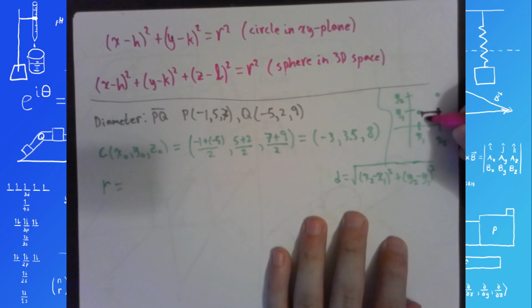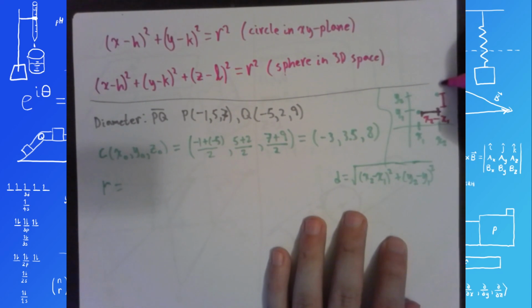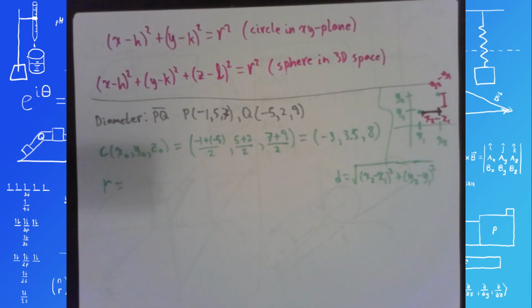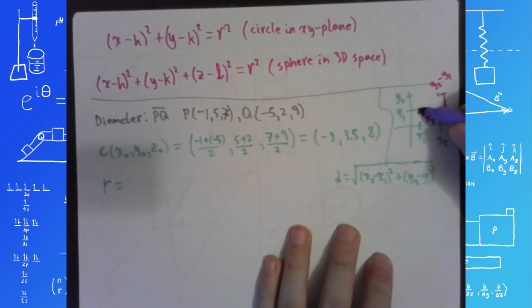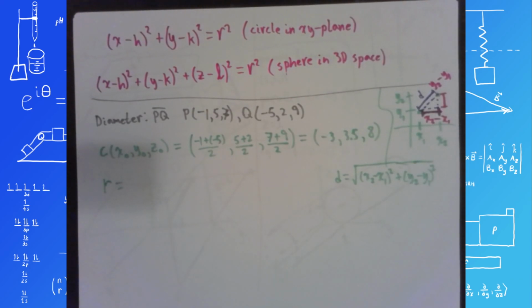This is x2 minus x1, and this is y2 minus y1. And if this is our distance, then I think you can see the right triangle there and apply the Pythagorean theorem. It's the same exact thing in 3 dimensions.